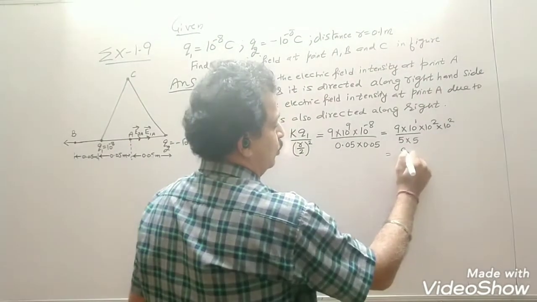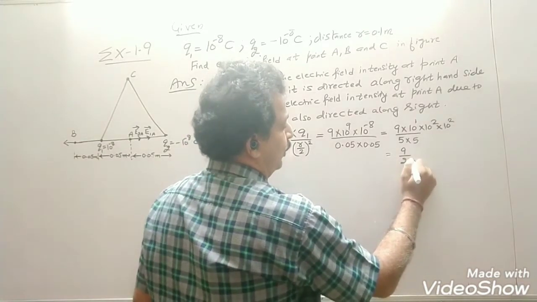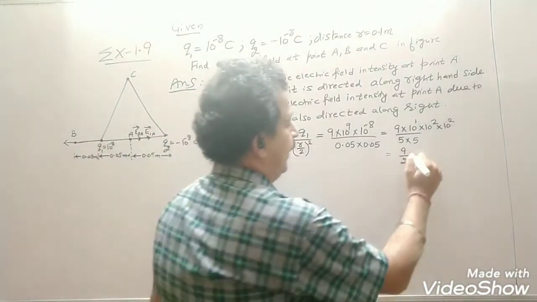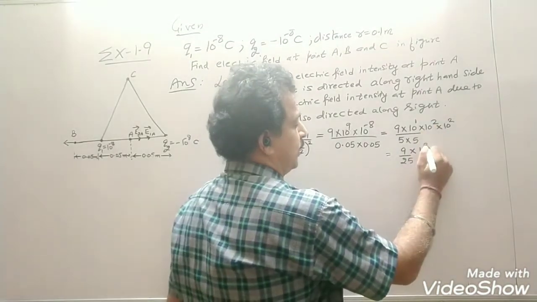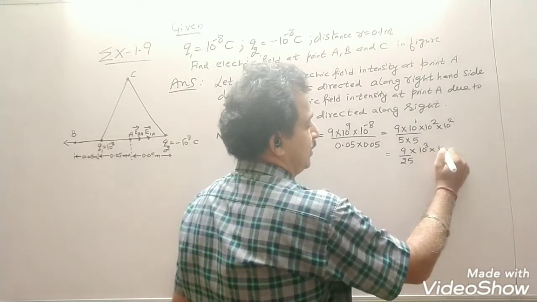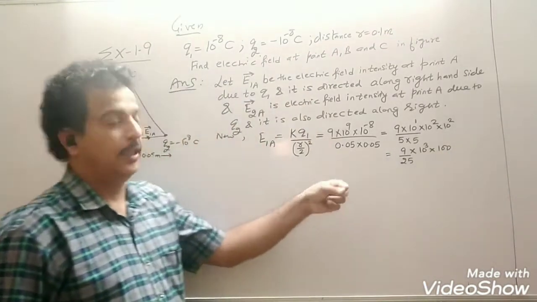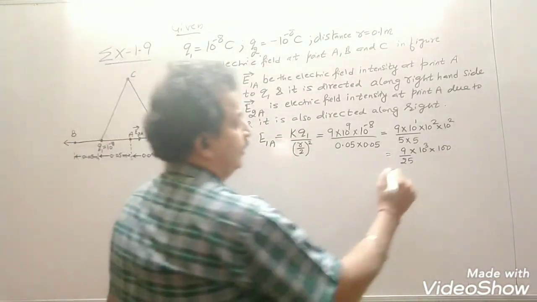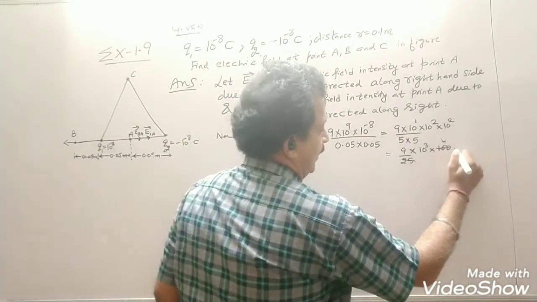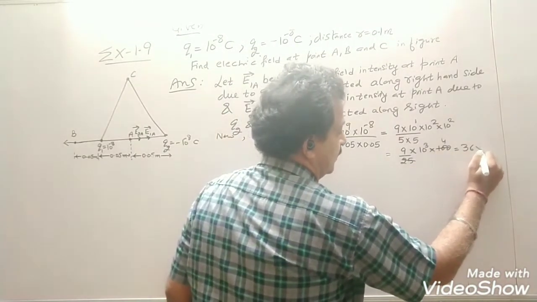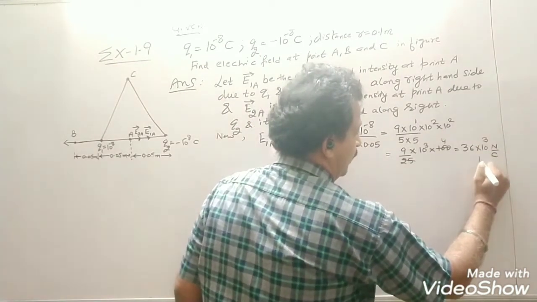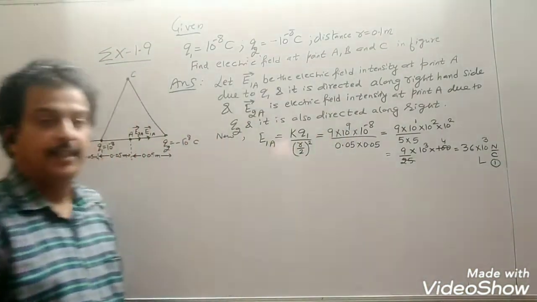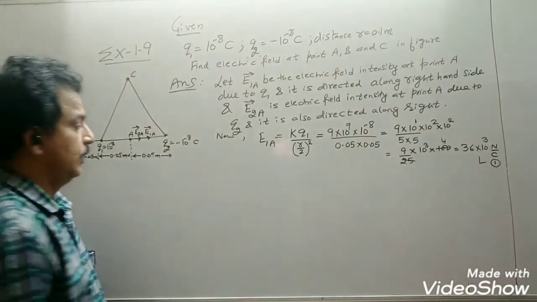So this is equal to 9 upon 25 into 10 raised to 1, 10 raised to 2, 10 raised to 3, and this one 10 raised to 2 is written as 100. Or you can do the calculation yourself. 25 fours are 100, so it comes out to be 36 into 10 raised to 3 Newton per Coulomb. Let us name it equation number 1.